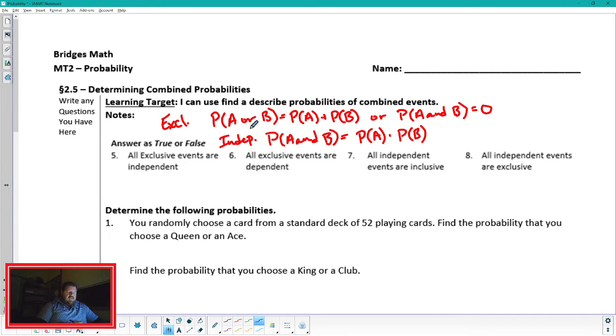What this one's saying is, if an event is exclusive, then it's guaranteed to be independent, which would mean that 0 would equal the probability of A times the probability of B. Again, the only way for that to happen is if either this is equal to 0 or this is equal to 0, and that's something we can assume isn't going to be the case, because we're talking about that all or nothing situation, and the probability of A or B being 0 isn't an always kind of a thing. All right, so this one's false.